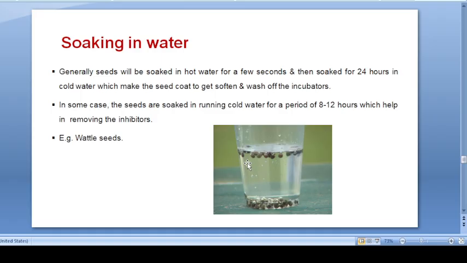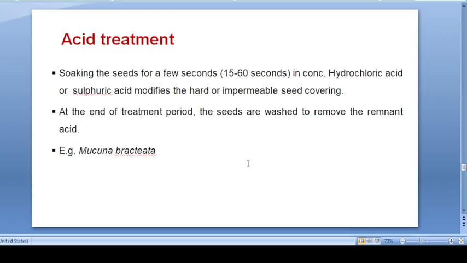Next is soaking the seeds in water. This is a common and simple method, from 8 to 24 hours we can soak the seeds. Take an example of teak: continuously for 1 week, alternate wetting and drying we have to do in order to remove the dormancy.